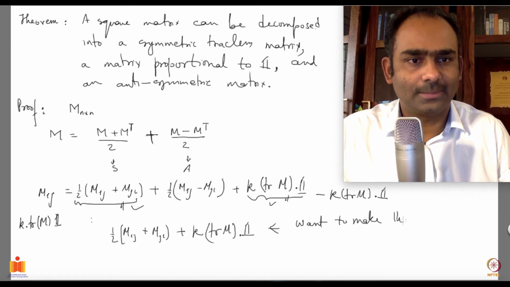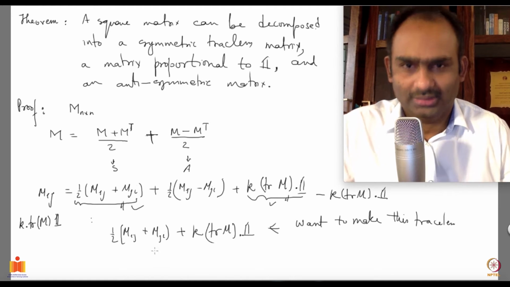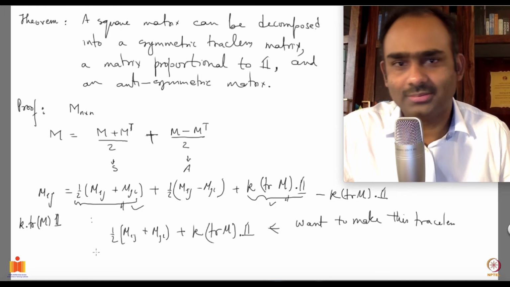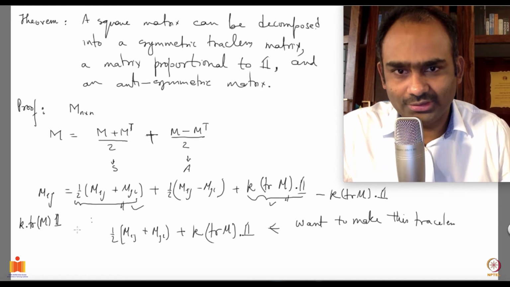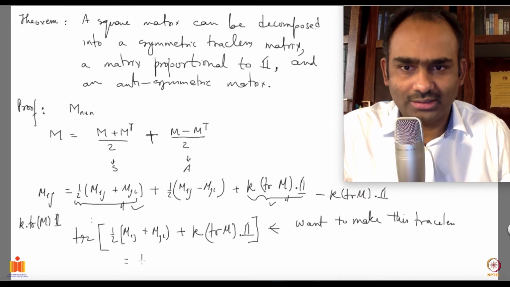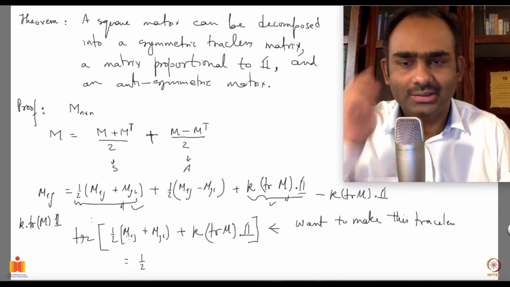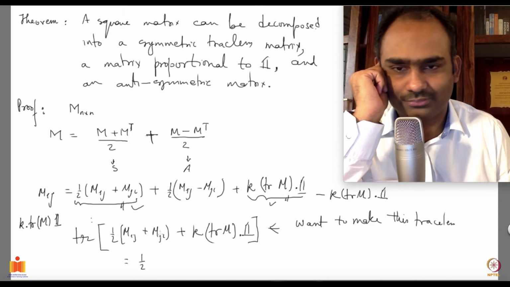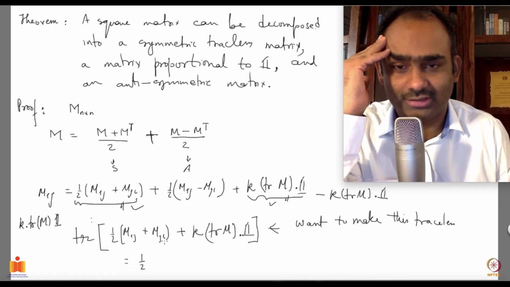Make this traceless. Okay, so let's take the trace of it. What do I get? I get half from here, the trace of the matrix, and the transpose is the same.